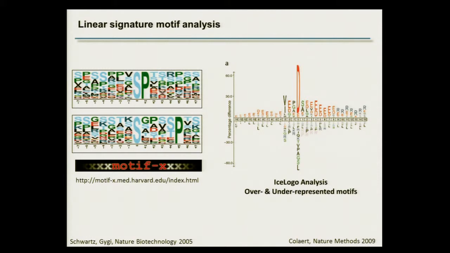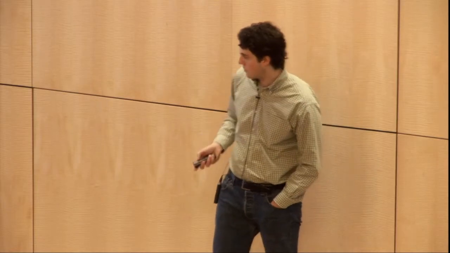We did that here, for example, for a data set where GSK3 beta was inhibited, and you see a proline-directed motif coming up. Other tools also allow, for example, the analysis of over- and underrepresented motifs, like this IceLogo analysis. What you can see here is not only the overrepresented amino acids in a certain subset of your data set, but also the underrepresented ones. This can also be really useful in some instances.